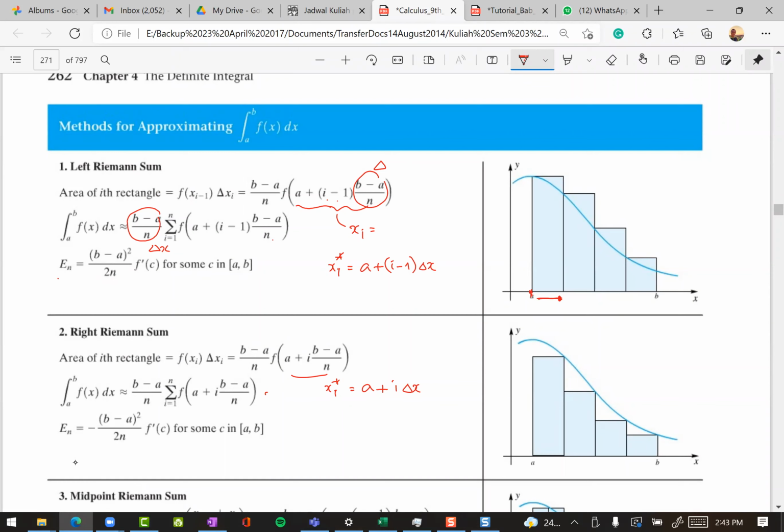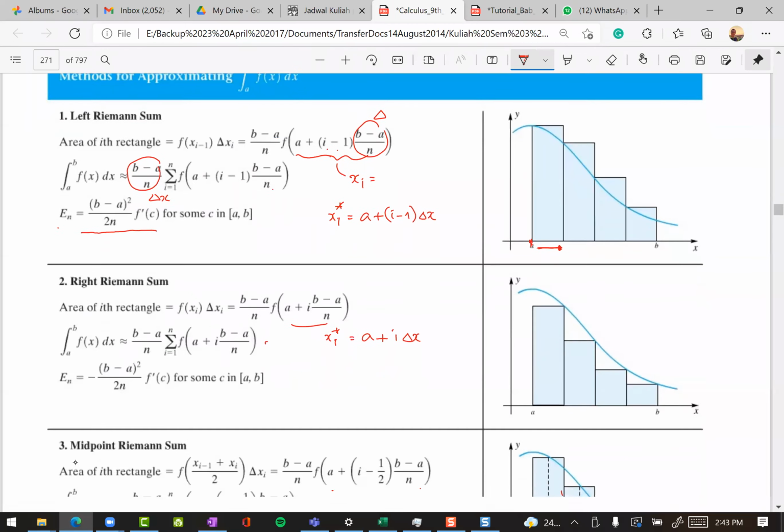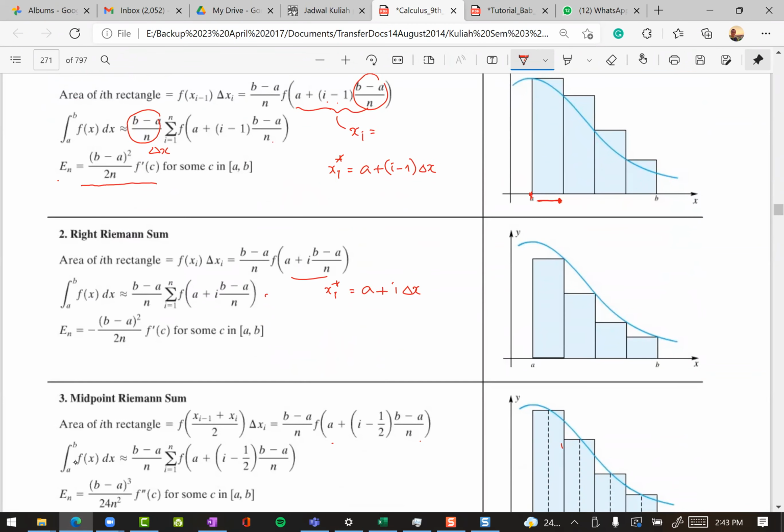So this is the estimation of error. In the left Riemann sum, the error is this. In the right Riemann sum, the error is this one with the negative sign.